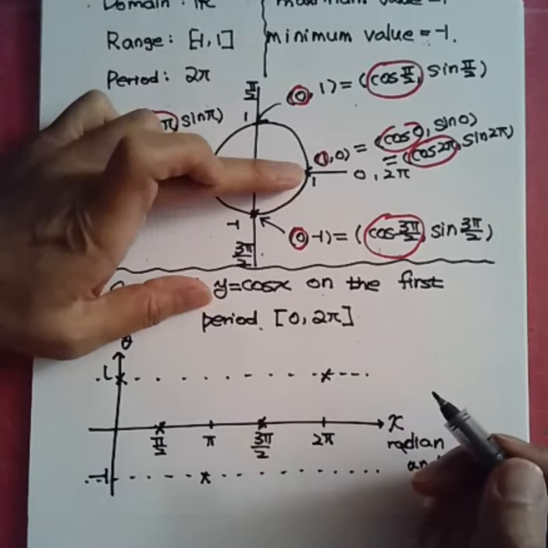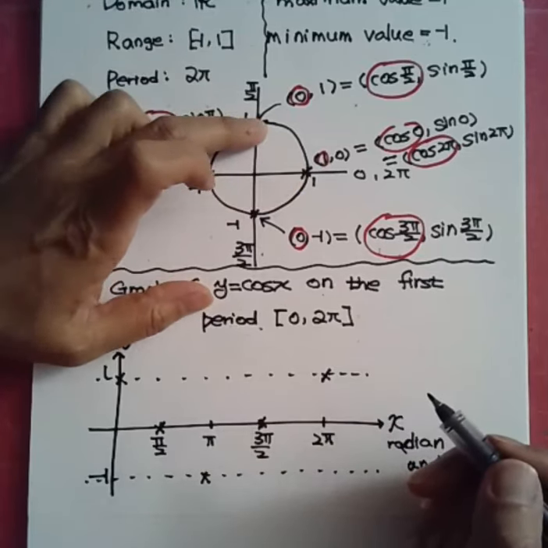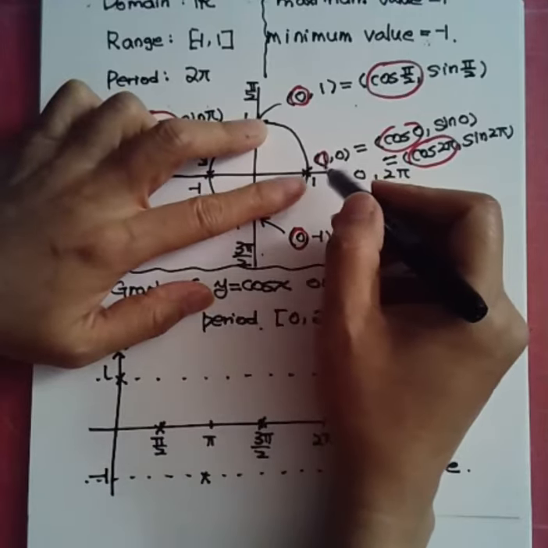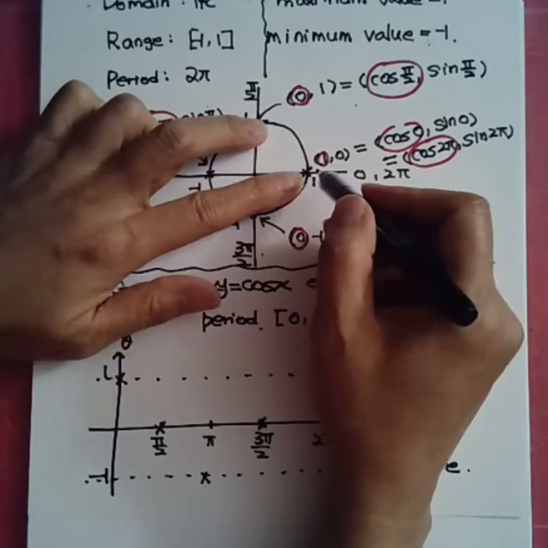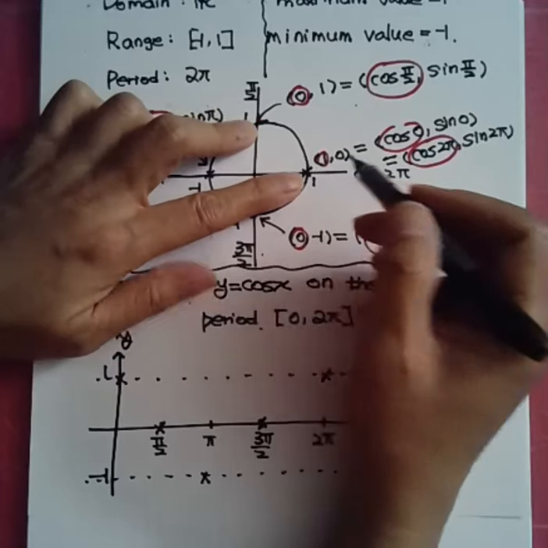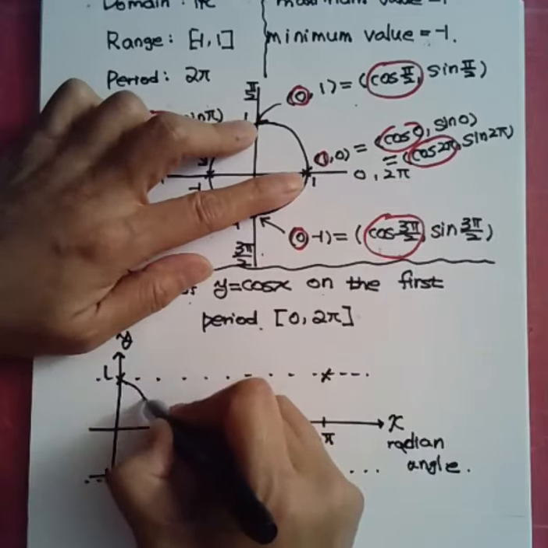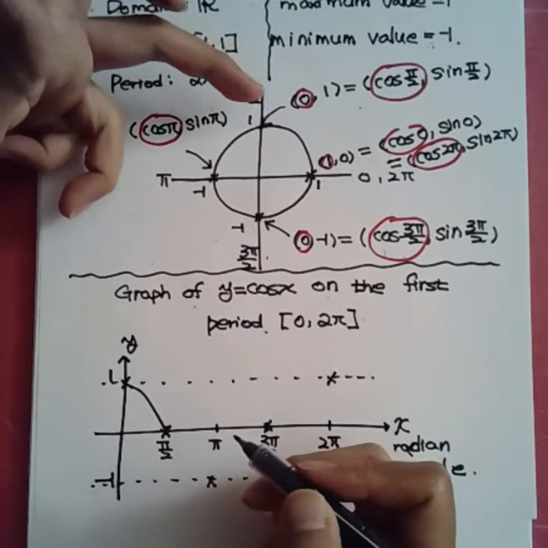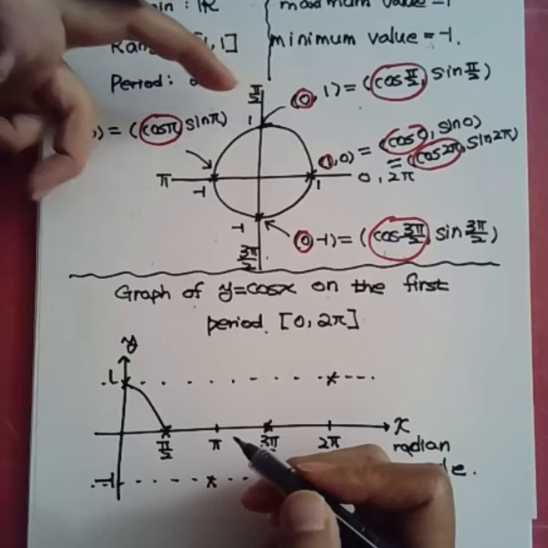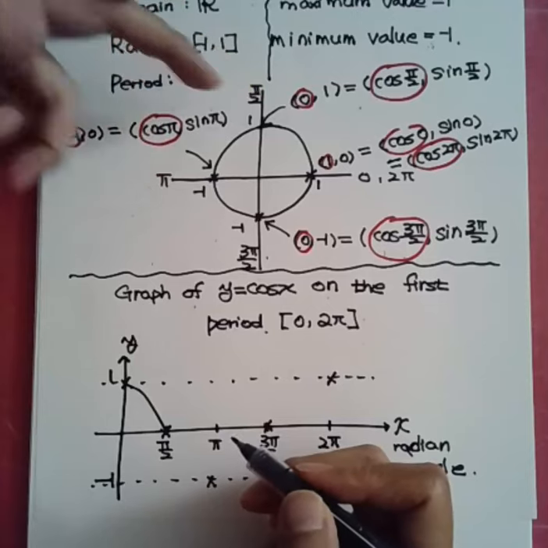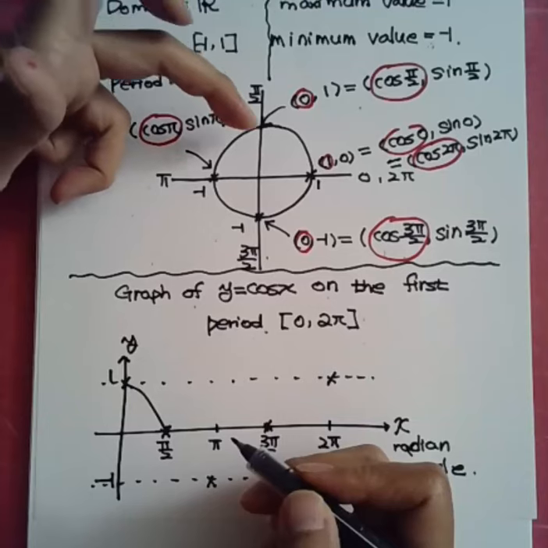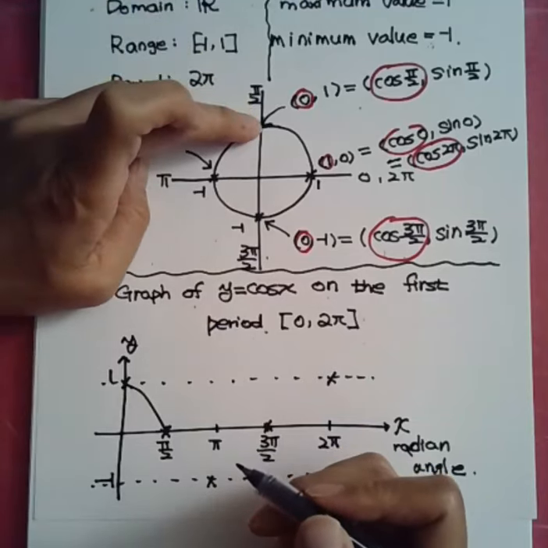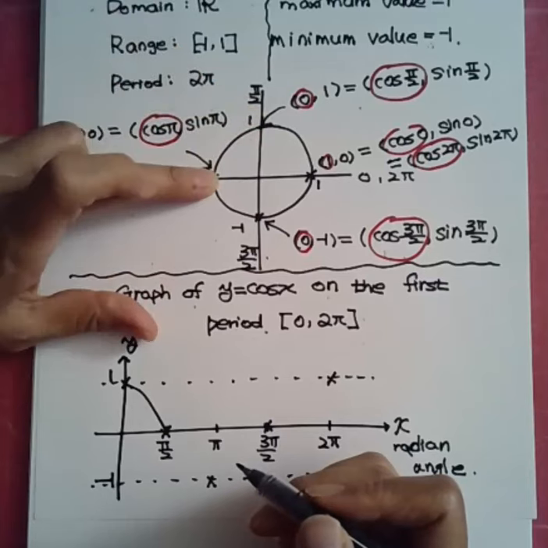When the angle varies between 0 and pi over 2, the function value starts from 1 and decreases to 0. And then when the angle varies from pi over 2 to pi, the cosine value decreases.